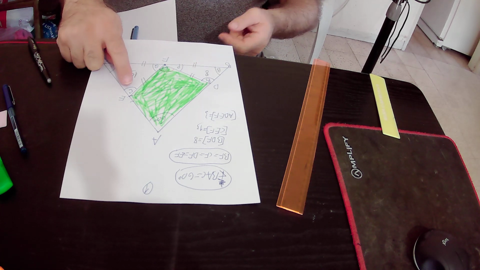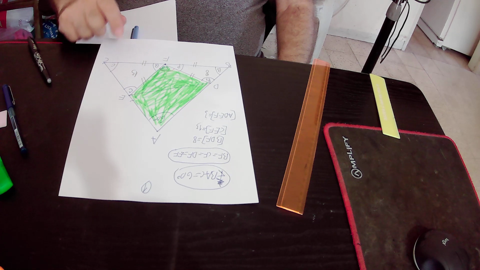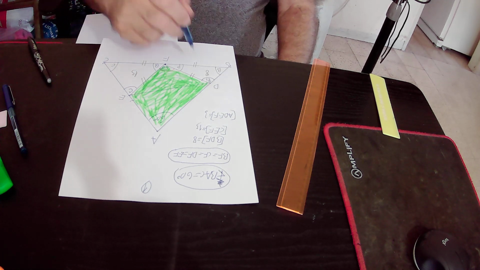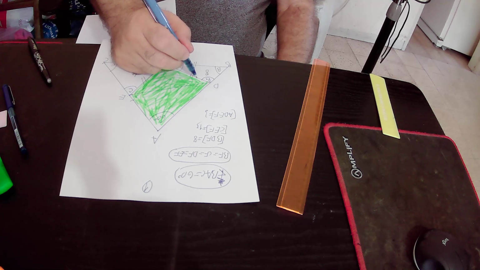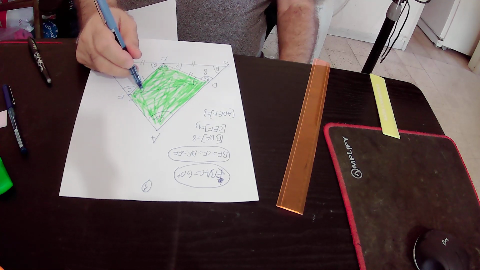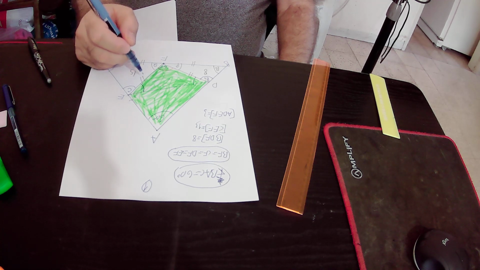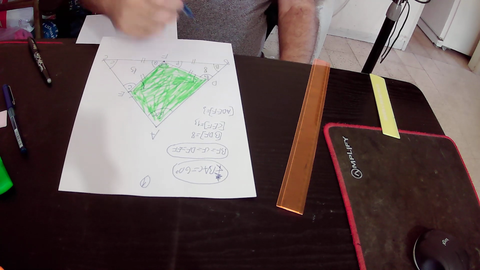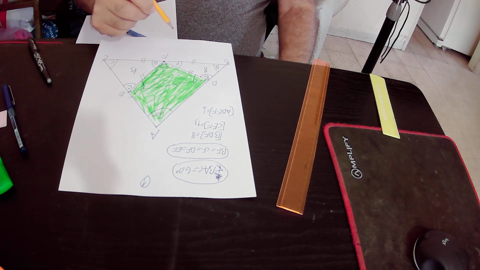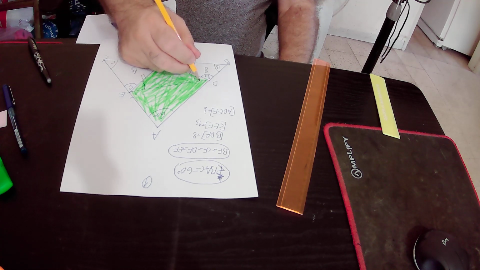So those two angles that are located in front of equal sides are also equal to each other. So if we define one angle as y, then the other angle must also be equal to y.